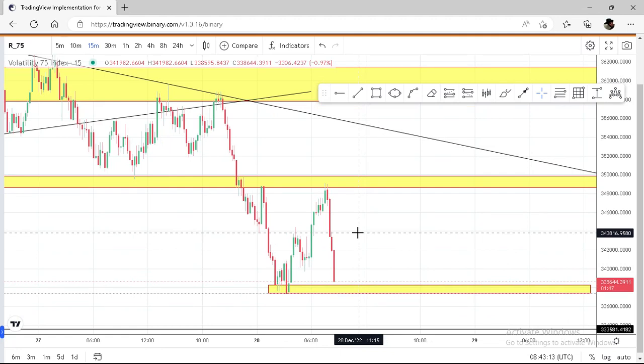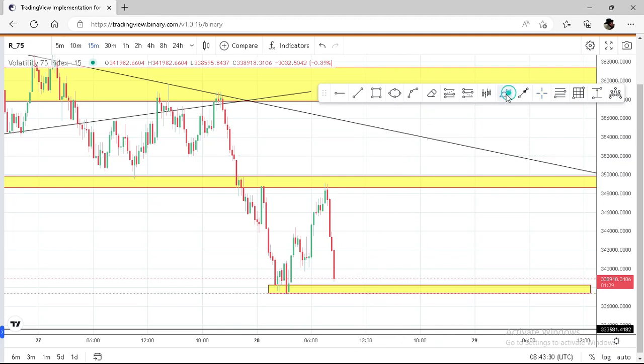With lot sizes, if you're trading with like $50, I would encourage you to use at least 3 as the maximum. Let me write it here.